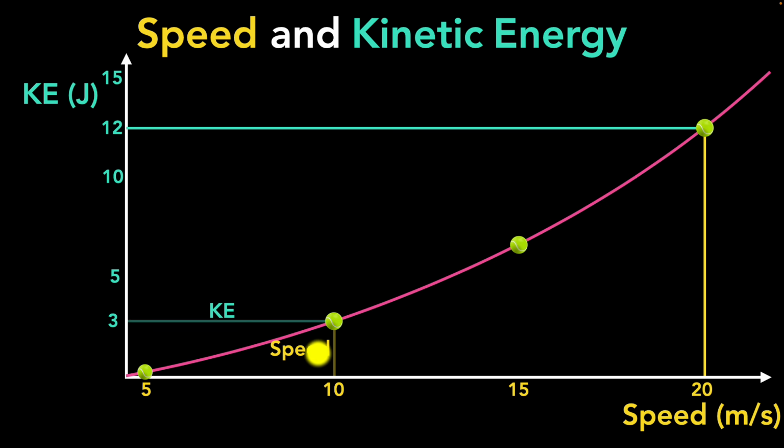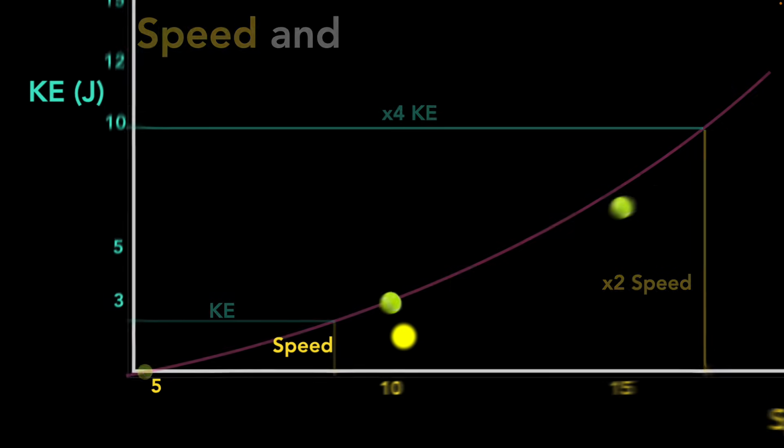Do you notice something interesting? The speed has doubled. But look, the kinetic energy has not doubled. It has increased by 4 times. Ooh, so when you double the speed, the kinetic energy increases 4 times. That's interesting. What would happen if we were to say triple the speed? Well, let's see.